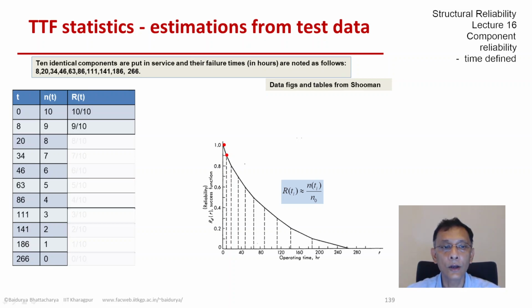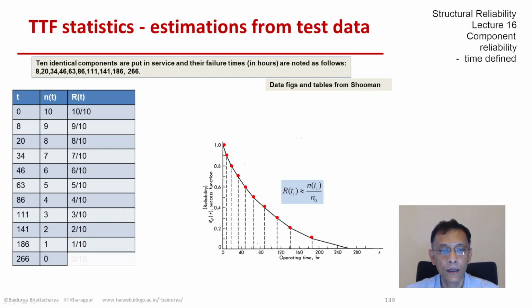We have done the complement already with the CDF, and so we climb down from 1 all the way to 0, going through each observation of failure. And then once we are done with these 11 points, we could join them with piecewise continuous lines or a smooth curve and estimate the reliability function.